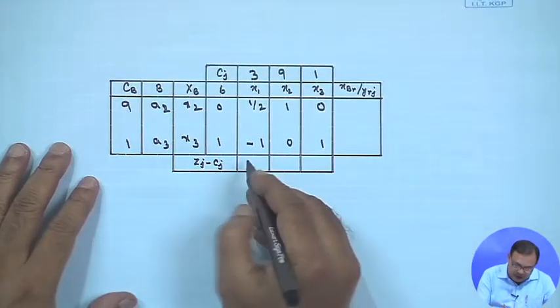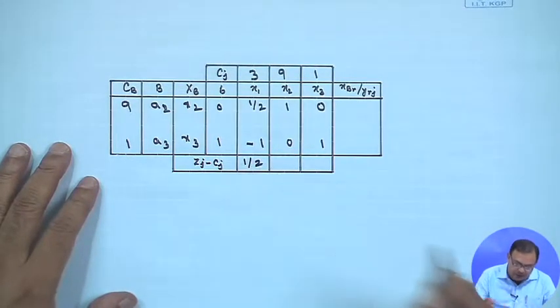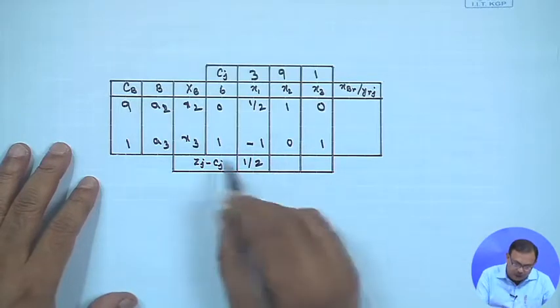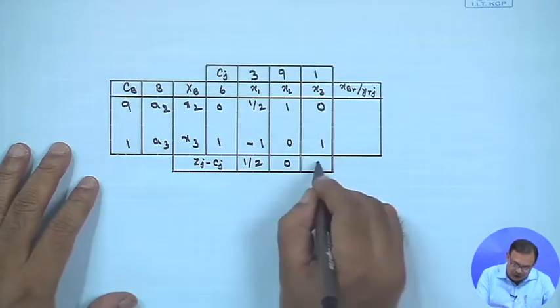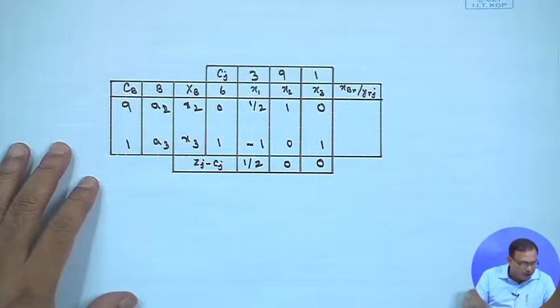Zj minus Cj, if you calculate, will become half, then 9 minus 9 is 0, and 1 minus 1 is 0.